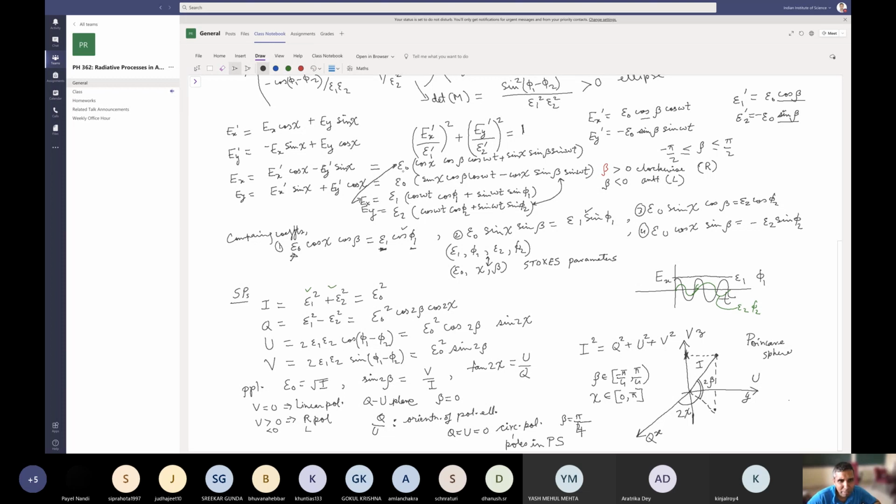By comparing these coefficients, we can relate the general epsilon 1, epsilon 2, phi 1, and phi 2 to the principal parameters epsilon naught, beta, and chi. So there are only three independent parameters which characterize these monochromatic plane waves.